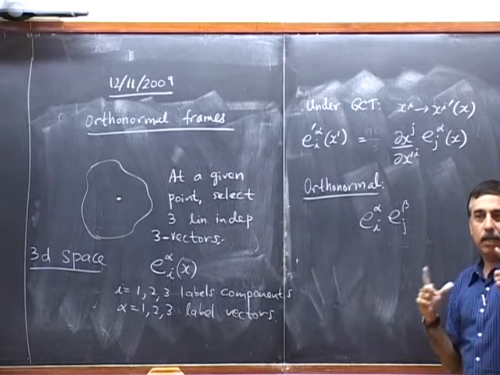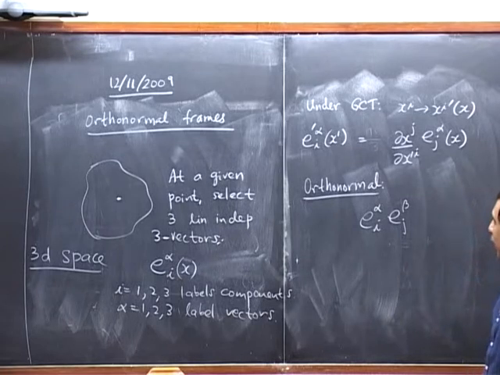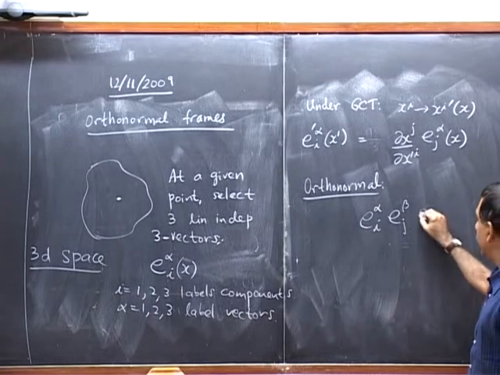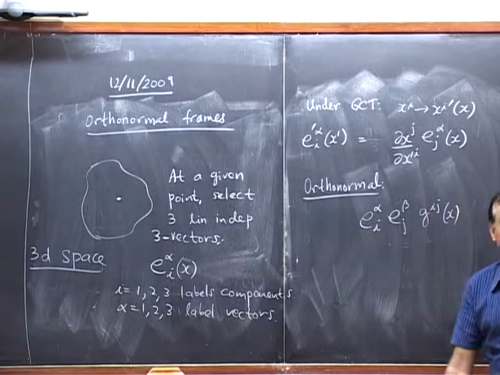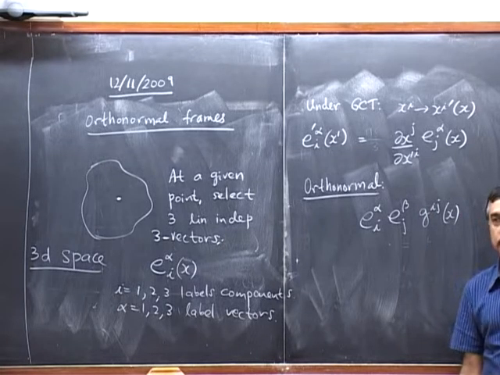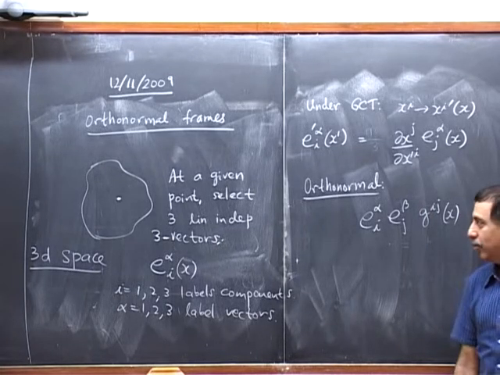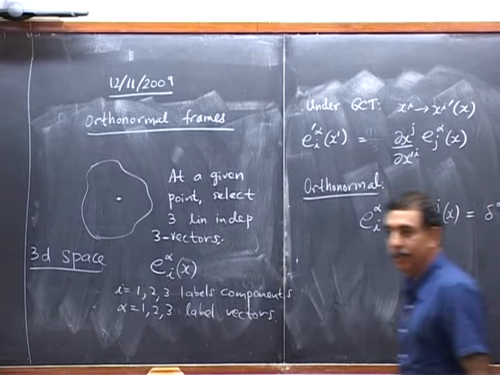Dotting the vector means dotting the components of this with the components of that. But there's only one meaningful way to contract these, which is to introduce the metric here. Otherwise, what I do will be dependent on the coordinate basis, and that's just what I don't want. So, it makes perfect sense for this to be my orthonormality condition.